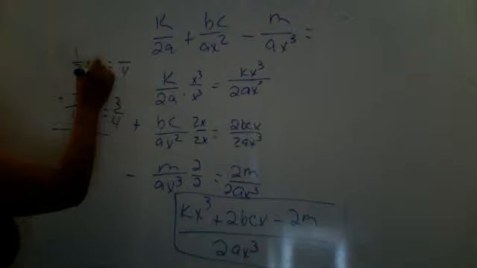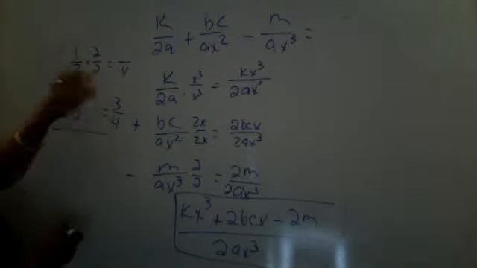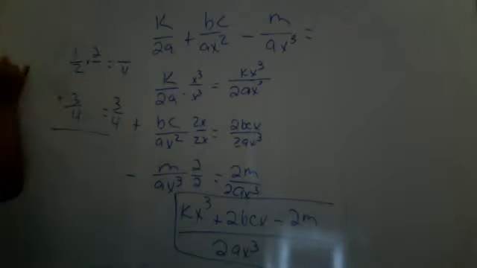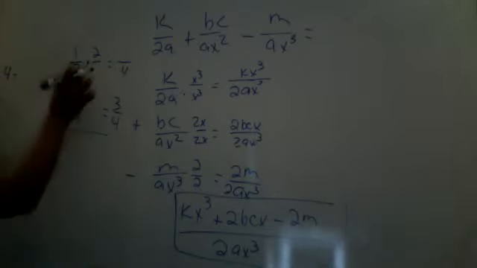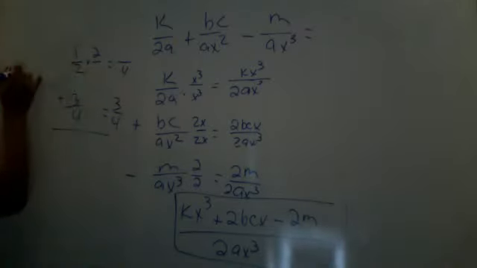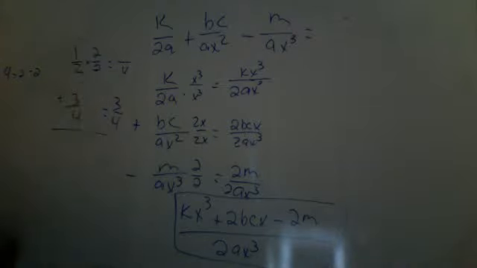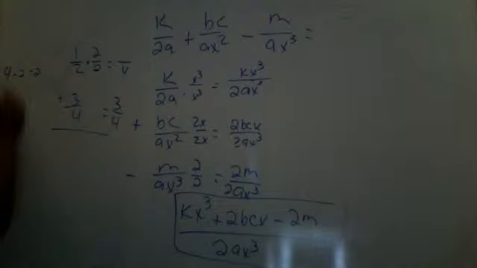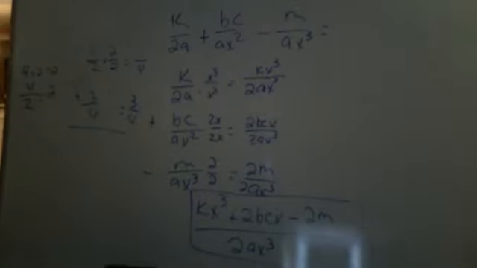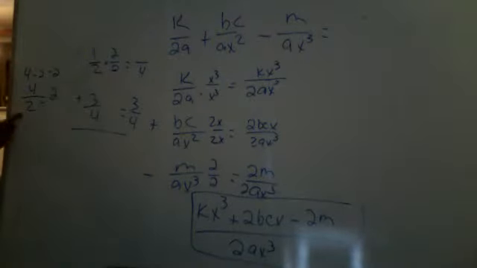But another way of looking at it is 4, the LCD, divided by the denominator, 2, is 2. We can check it. This times this equals that. Do you see that? Or we can write it this way, which is simply 2, right here on the side.